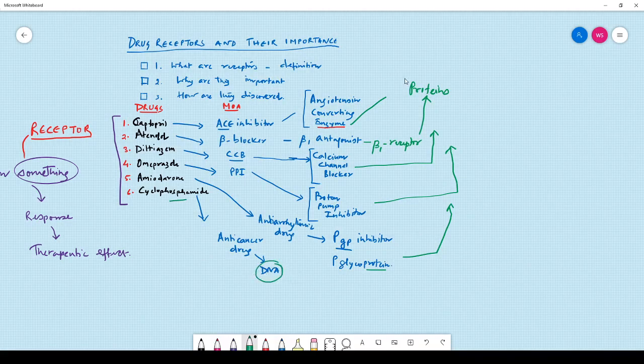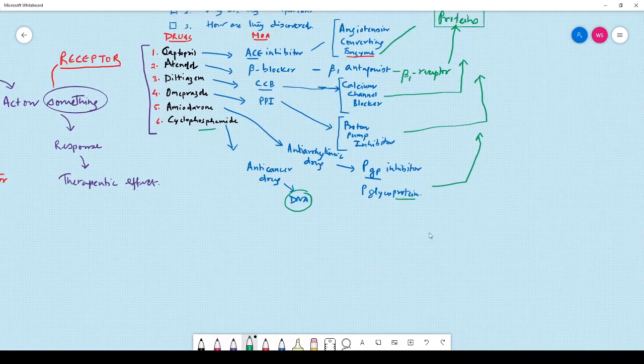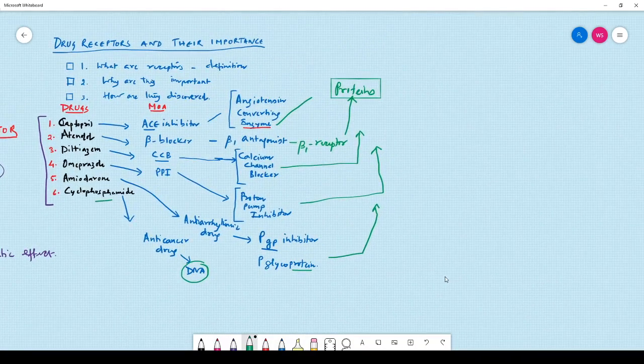Okay, so we say from this small discussion that we have drugs acting on proteins and we have drugs acting on DNA. Okay, so from this, let's ask ourselves the question, what are proteins and DNA? So they are basically macromolecules.